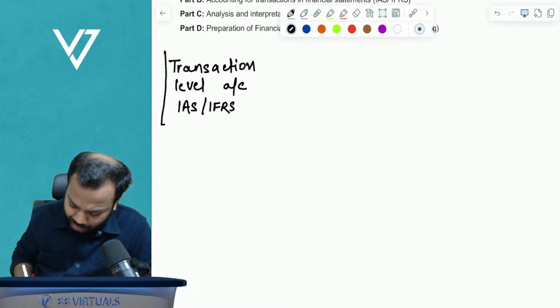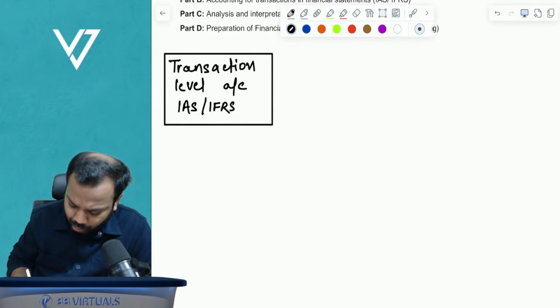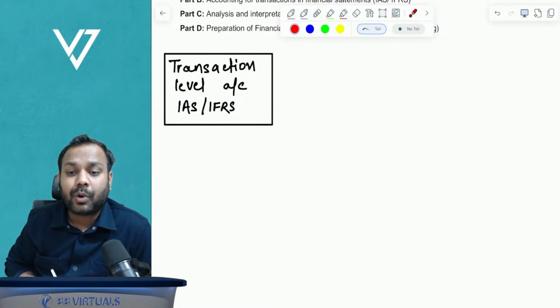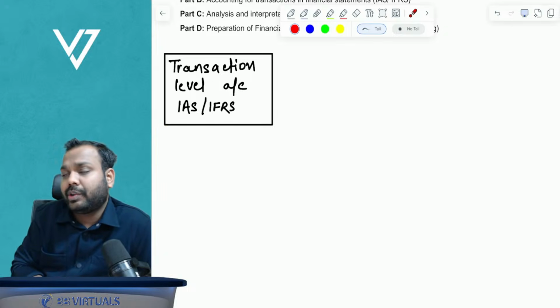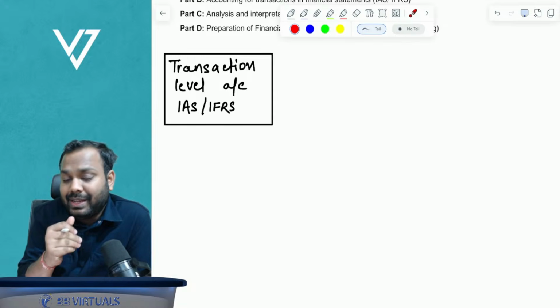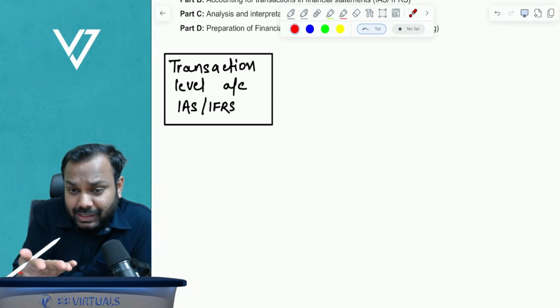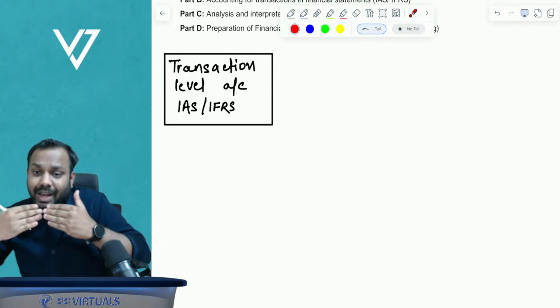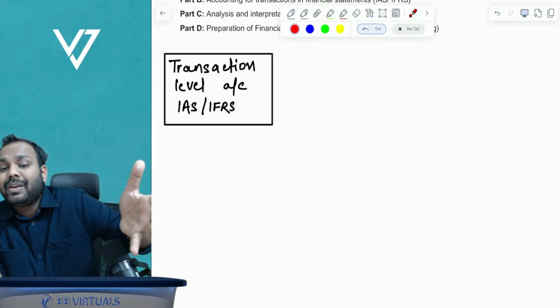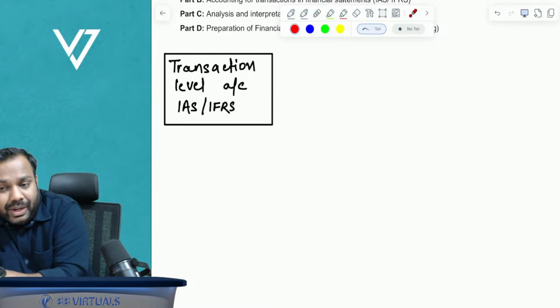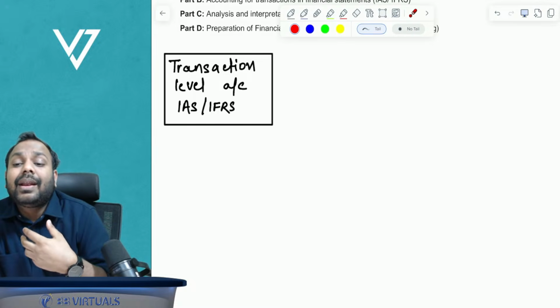You will understand how to apply the given IAS or IFRS to a particular transaction and do the accounting treatment for it. For example, suppose we have acquired an asset on lease. We'll apply IFRS 16 and do the accounting of the lease. Suppose we have sold goods or services to our customers. We'll apply IFRS 15 and recognize revenue.